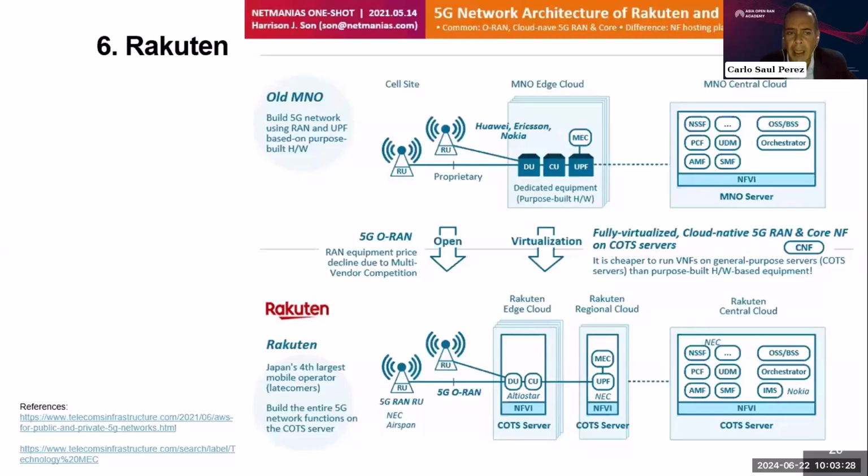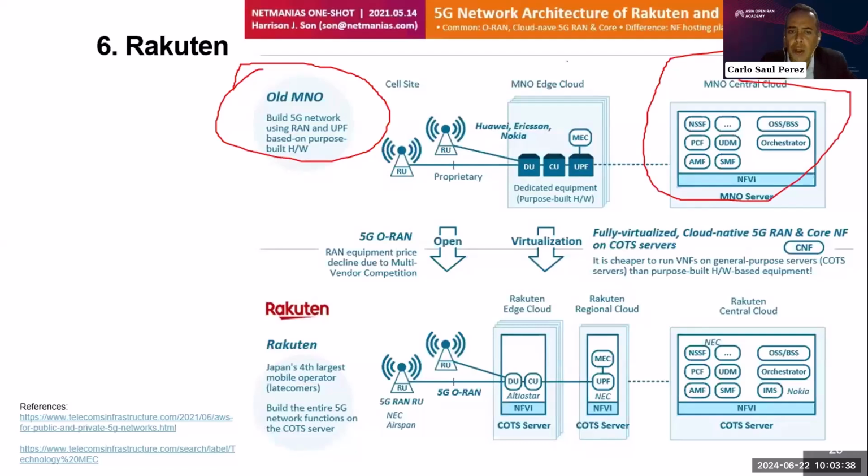As you can see here in this slide, in the old traditional way, you have all of your functionalities here. You can have these functionalities deployed somewhere in the edge, and you have these BTS sites located here.